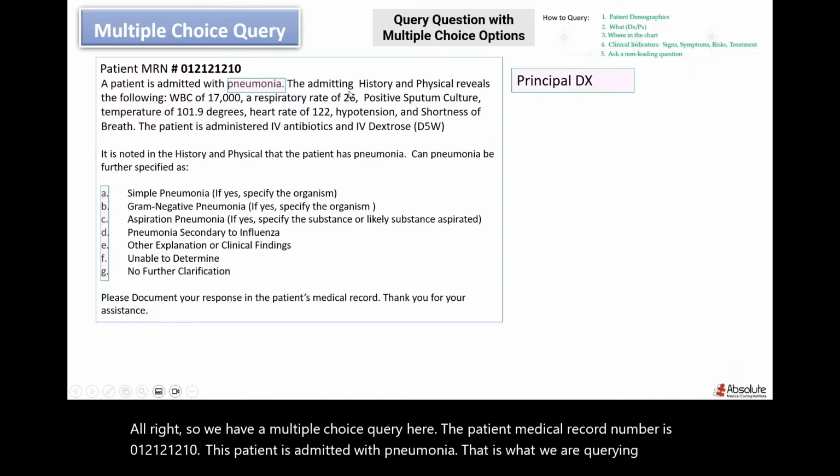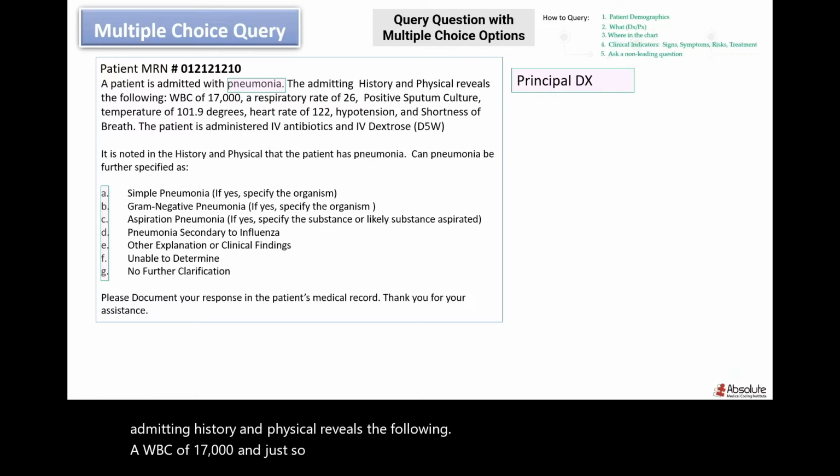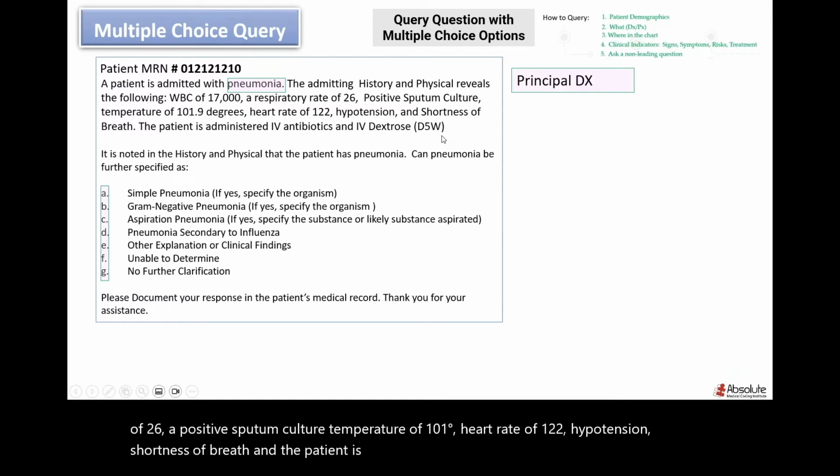And the admitting history and physical reveals the following: a WBC of 17,000, and just so you know, these are clinical indicators. A WBC of 17,000, a respiratory rate of 26, a positive sputum culture, temperature of 101 degrees, heart rate of 122, hypotension, shortness of breath, and the patient is administered IV antibiotics and IV dextrose, D5W.